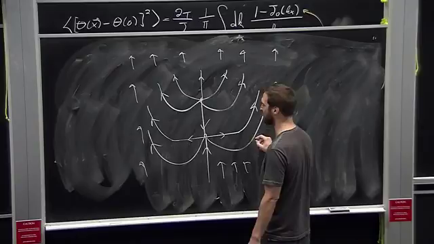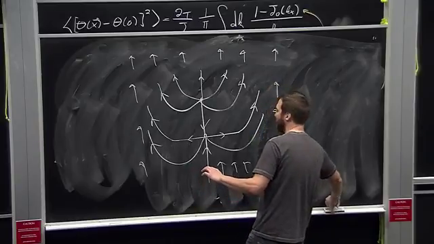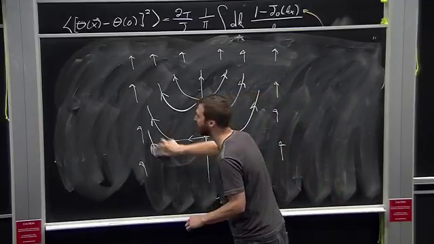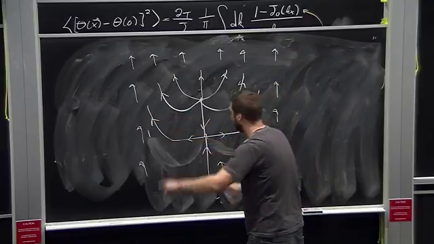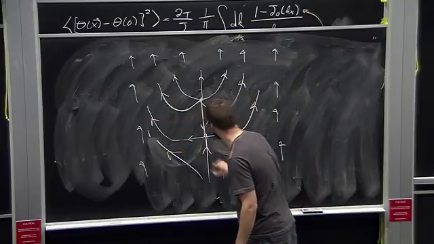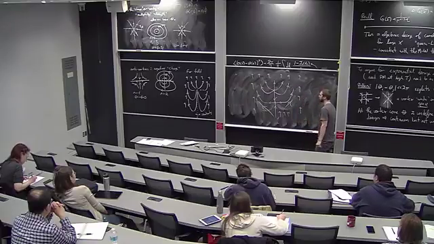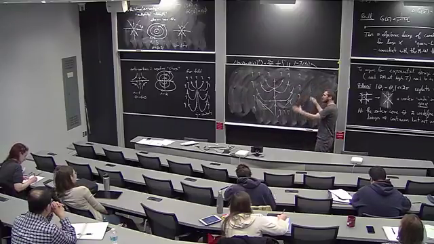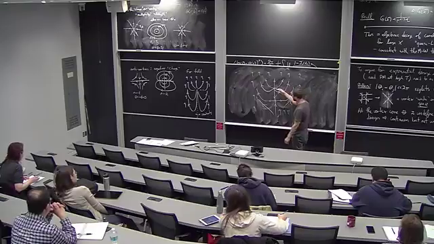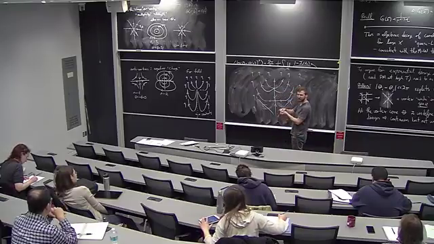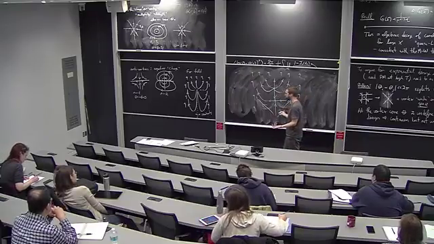Wait, I did something weird. Yeah, so these should come from that picture there I'm trying to draw. These should come like this, right? So you can satisfy the far field, but you can still have topological defects which are created in pairs. And that's the point with vortices, right?